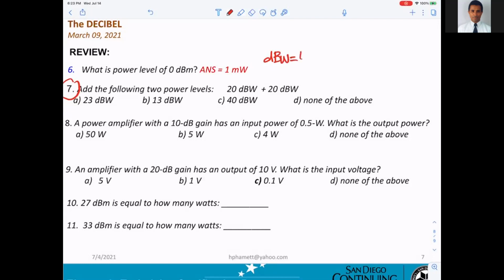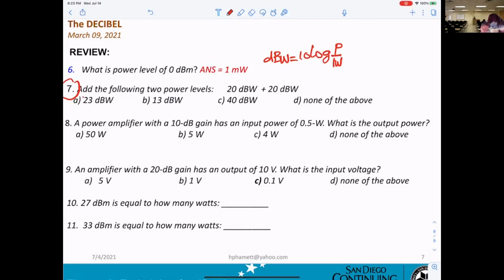A, the first one, 23 dB watt. 1 watt. So you said the answer will be A, right? And then you said it's 20 dB watt. A. Okay.